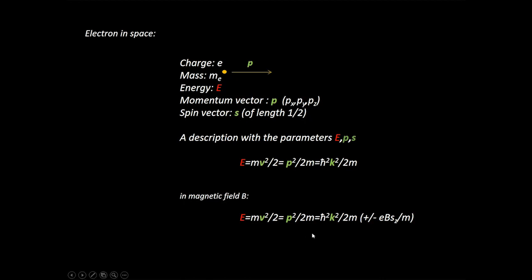So spin is a different parameter in a magnetic field, because it has only two possible values, spin up, spin down, while energy and momentum are continuous parameters. So you see, you may have different kinds of parameters to describe electrons in space.